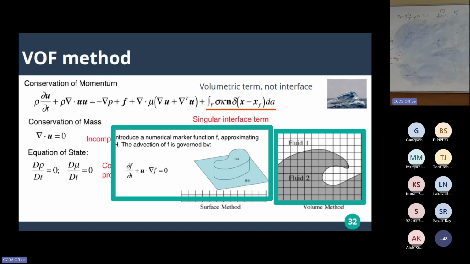Now, to do that, what people try to do, though you solve the momentum equation, mass, and so on, you try to add one more equation, which we call the transport equation for alpha, that function f, something like on one side it has 0 value, on the other side, think of it from the top view. There is some droplet or bubble present.